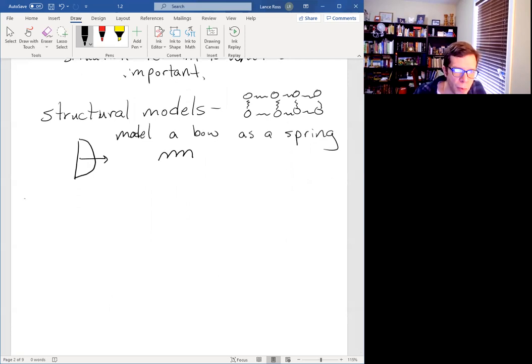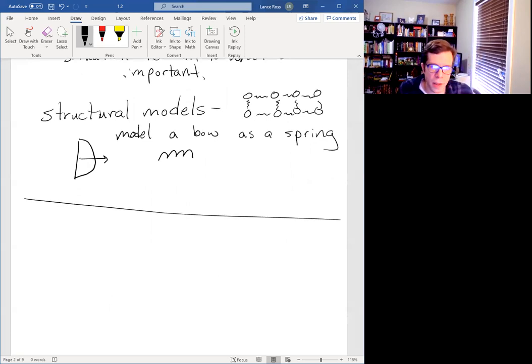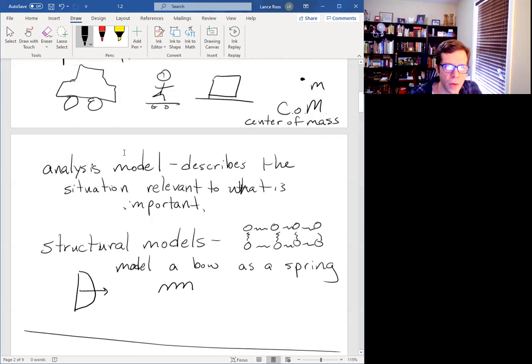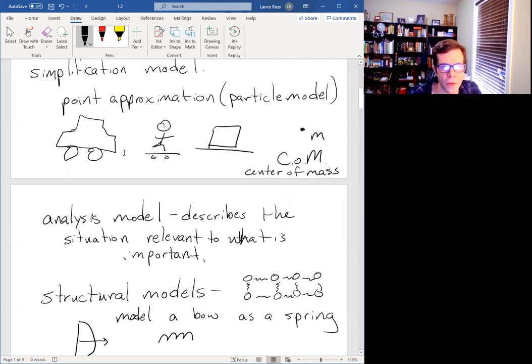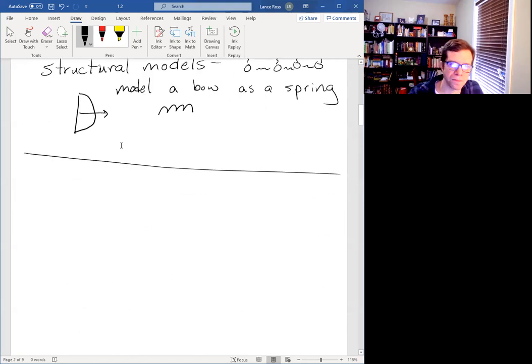Okay, more important in this section than talking about the different types of models, because you'll use multiple models all the time. If you're using a structural model, you're also simplifying. You're also using analysis details. And you may be using a point approximation, right? So I think what's more important from this section is the discussion on representation.